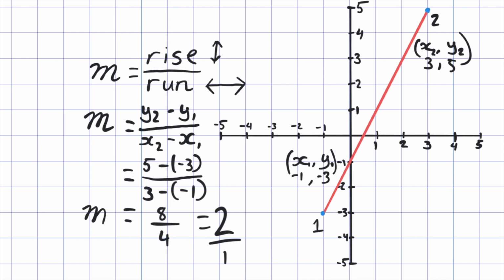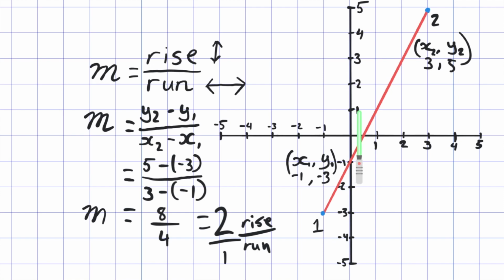over 1. Now, what this tells us when we have our 2 over 1, which is rise over run, it's actually telling us that from our start point here and any point along this line, or even further if we need to go, if we rise by 2 and we run by 1, we're going to come back onto the line.